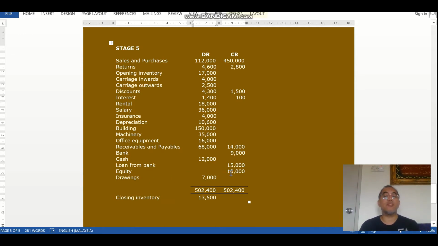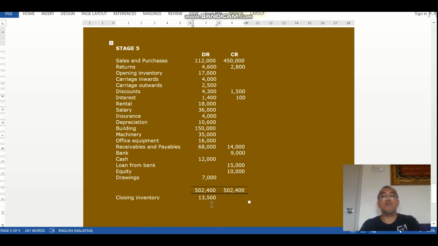Equity, your capital is 10,000 and drawings is 7,000. So we have a trial balance total of 502,400, both sides the same, and we have a closing inventory of 13,500. Now let us do the statement of profit and loss and the statement of financial position.